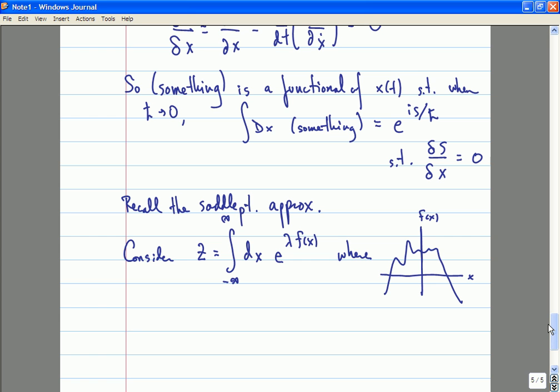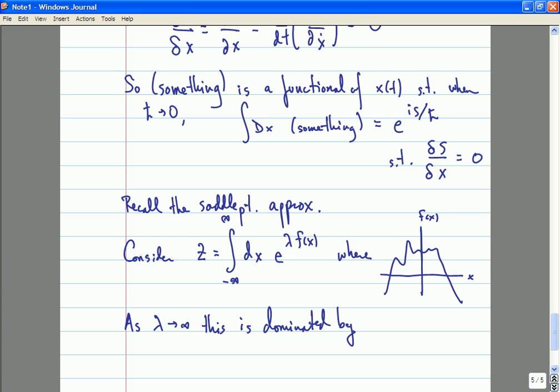And we wish to understand how to approximate this integral in the limit where lambda is very large. So as lambda is very large, this integral is dominated by the place where f of x has a maximum.